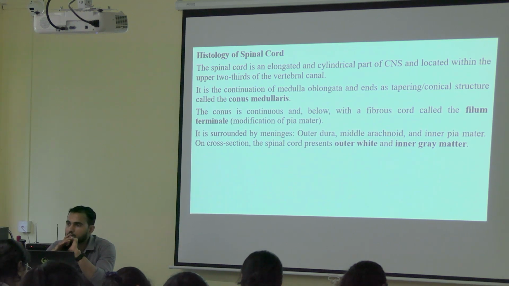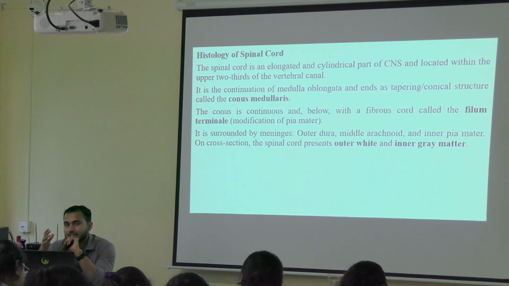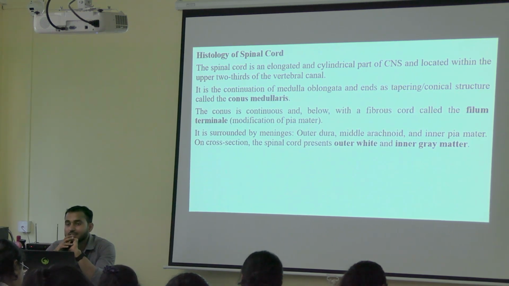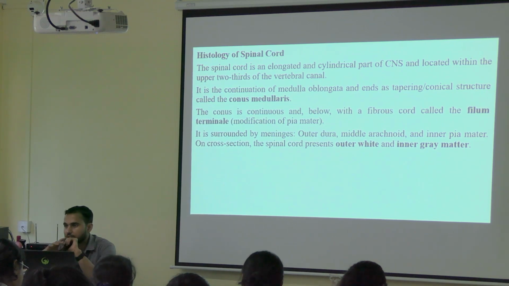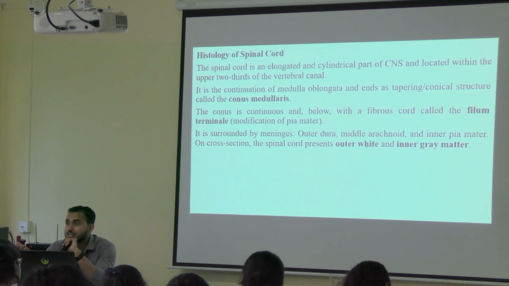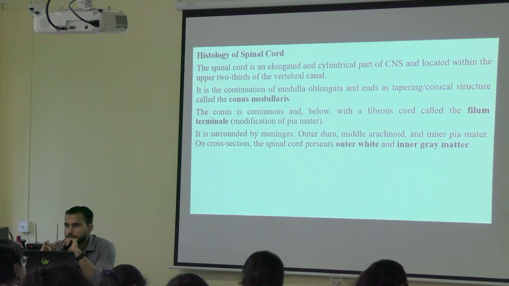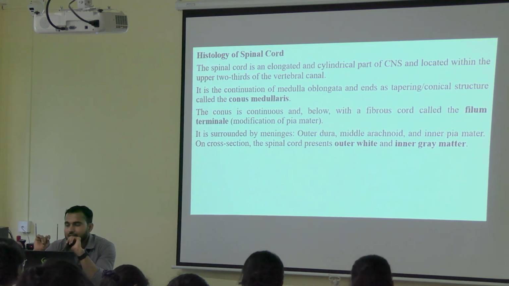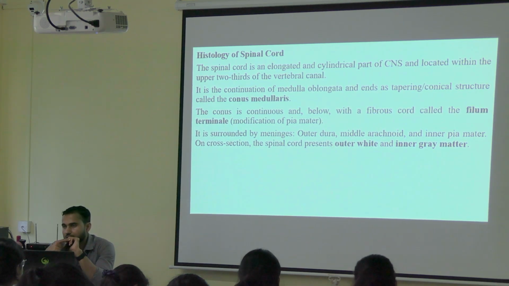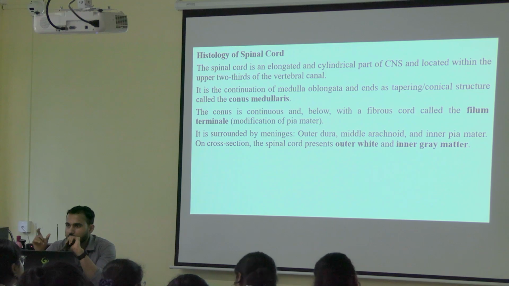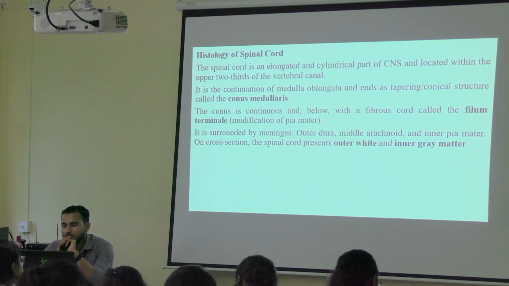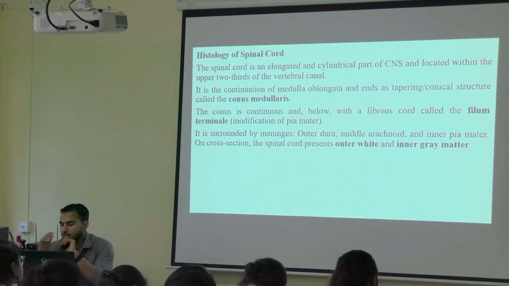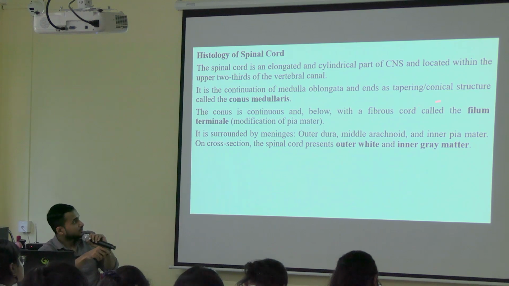What is the appearance of the spinal cord? Cylindrical shaped. Next, there are some important features of the spinal cord. The terminal part of the spinal cord is conical and is called the conus medullaris.